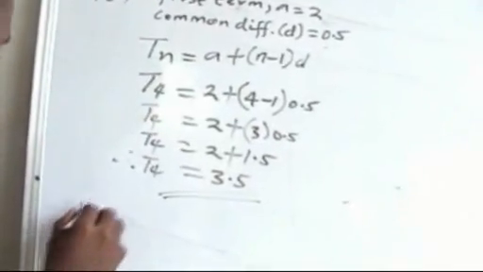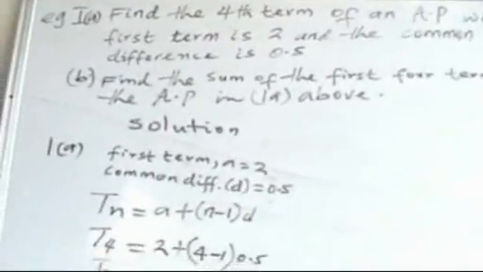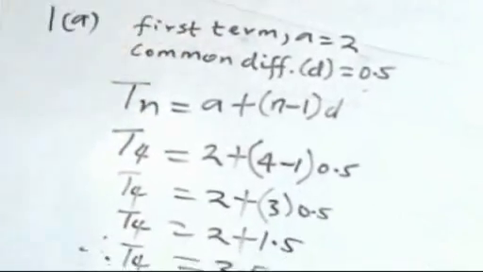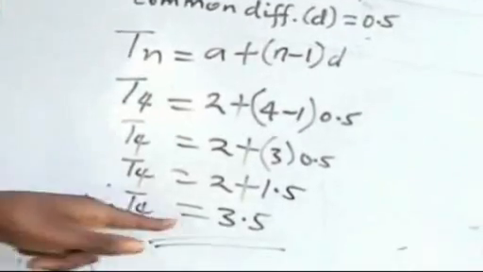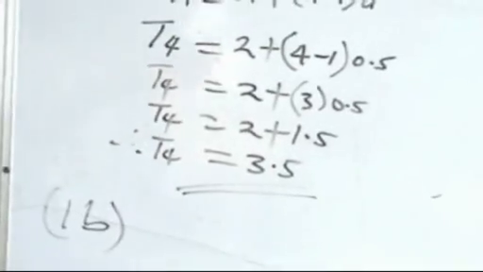Then the second question, 1b, says find the sum of the first 4 terms of the AP in question 1a above. The sum of the first 4 terms. Now, we know the first term, we know the common difference, and we know the fourth term to be 3.5, but we do not know the last term.